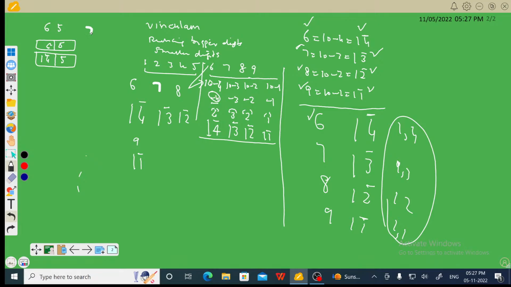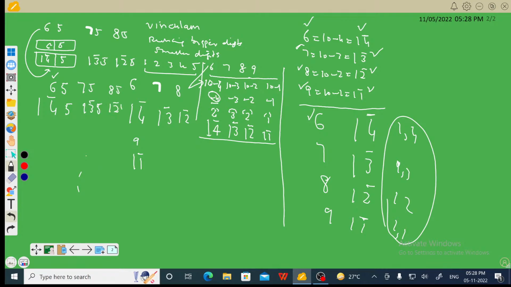Say 75 will be 1, 3 bar and 5. 85 will be 1, 2 bar and 5. So these numbers in fact will become triple digit numbers. So 65, because of the bigger digit being reduced into smaller digits, takes us to a triple digit expression. 75 will be a triple digit expression. 85, 1, 2 bar and 5.